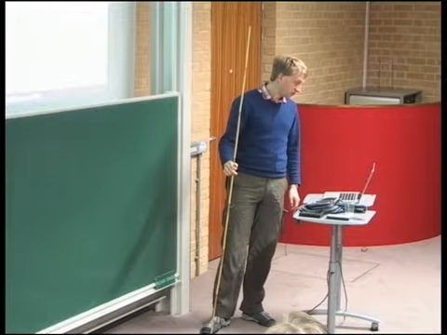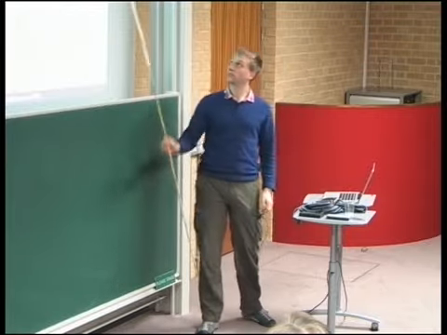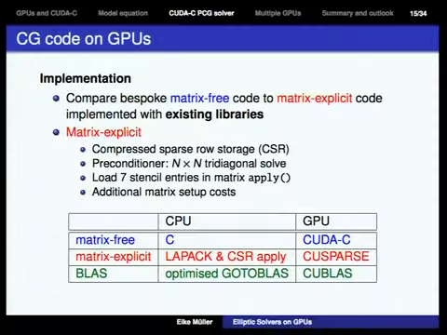In addition to this matrix-free code, we used some matrix-explicit code. The point in the matrix-free code is that we never store the matrix, we always recompute it. And we also wrote some code where we store the matrix. We calculate it at the beginning, and then we just need to load it from memory.